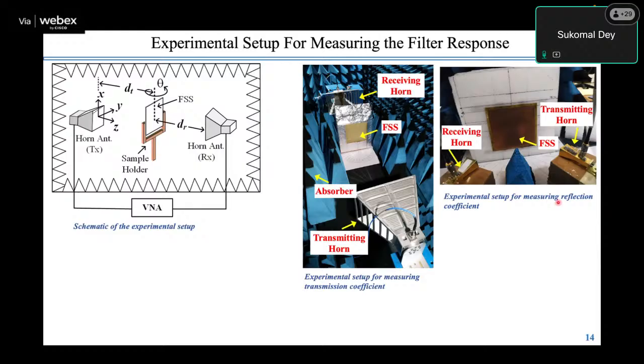Now this is a measurement for the reflective surface. What are you seeing? This is the transmitting horn, this is the receiving horn. In between these two horns, you are placing an absorbing sheet such that the two antennas are mutually decoupled, and you are testing the surface.